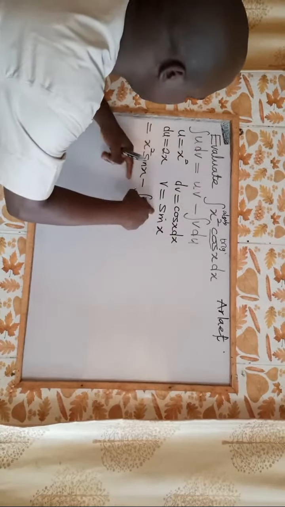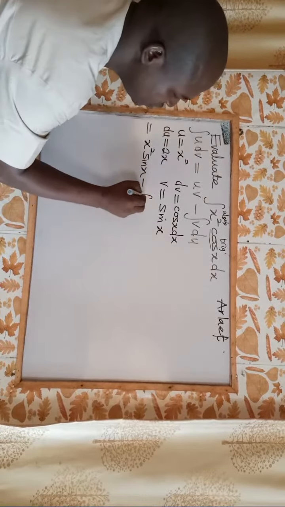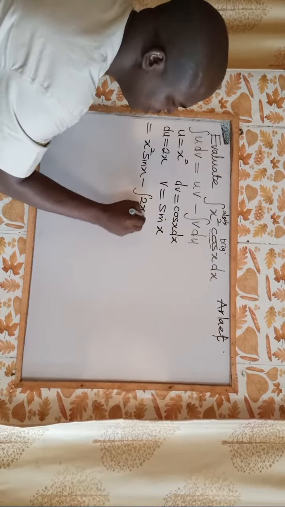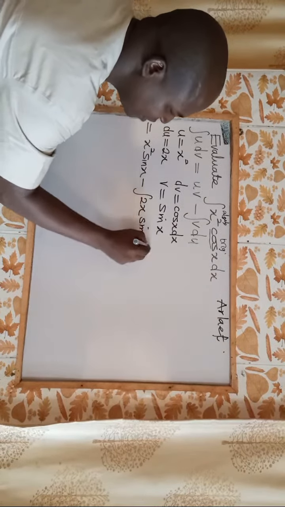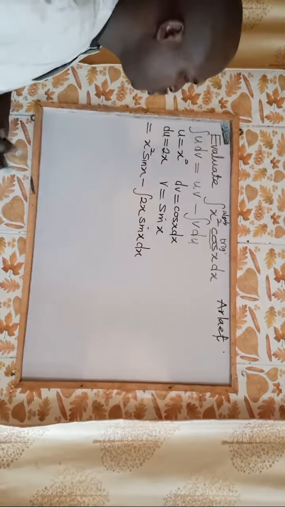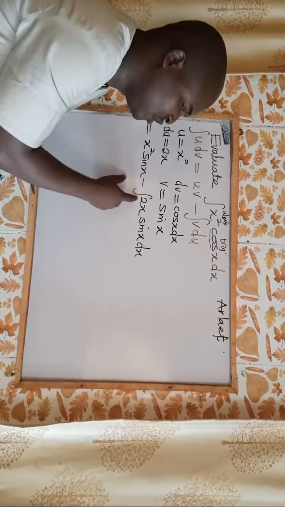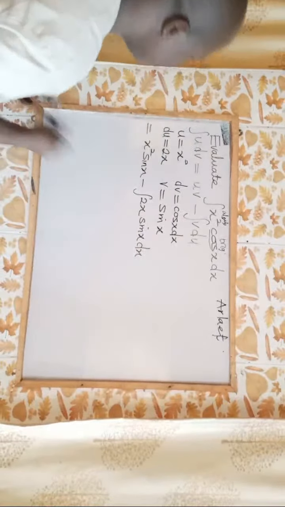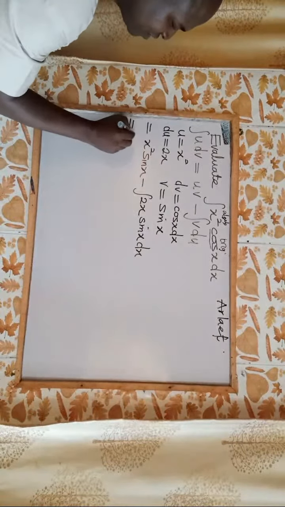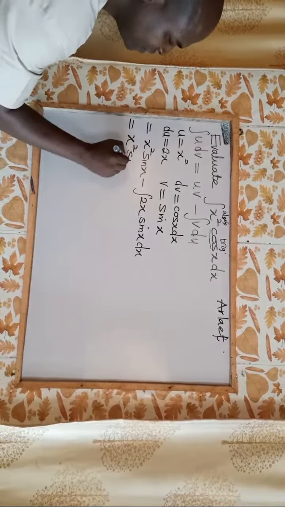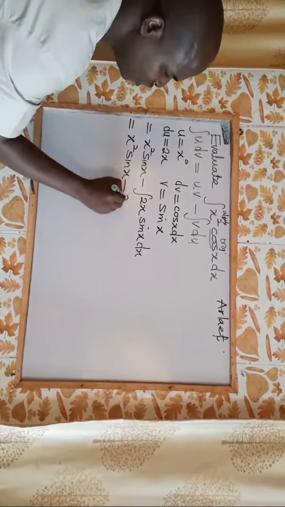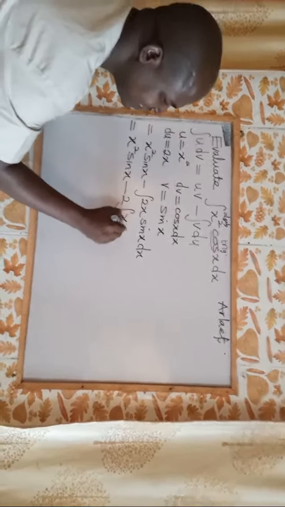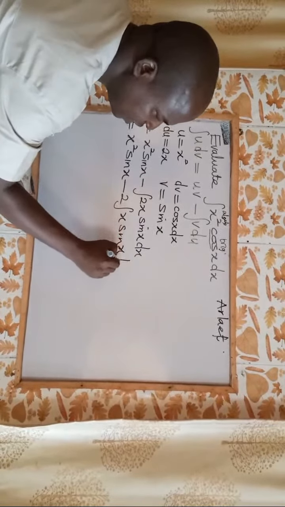This is our v, this is our du, so we have 2x sine x dx. But you need to move the constant to the front of the integral sign. When you do, you have x squared sine x minus 2 integral x sine x dx.